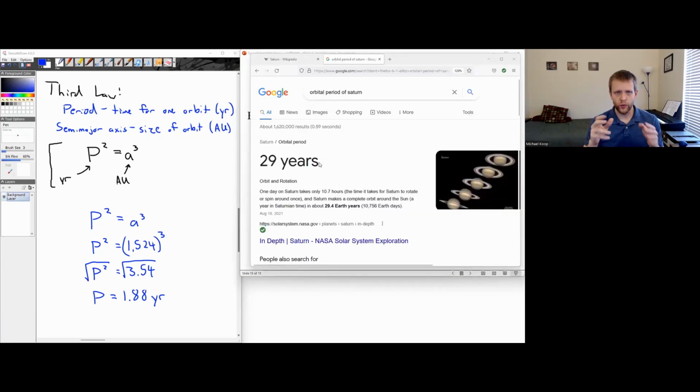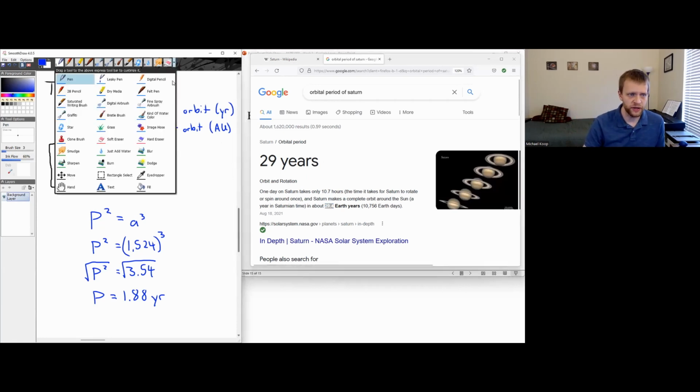Okay, so we went through the Mars example where, if I'm given the semi-major axis, I can find out the period of motion. But let's see if we can run this equation the opposite direction. I looked up the orbital period of Saturn, and according to Google, it takes 29.4 Earth years for Saturn to orbit the sun.